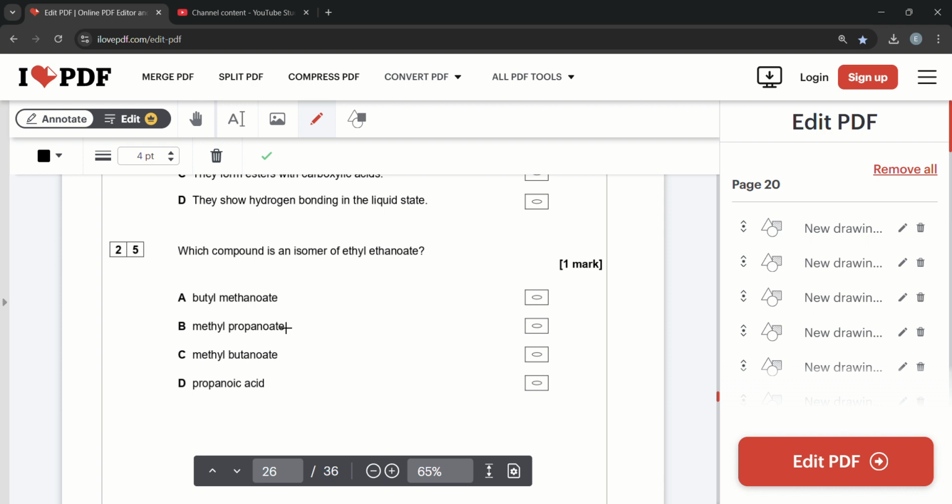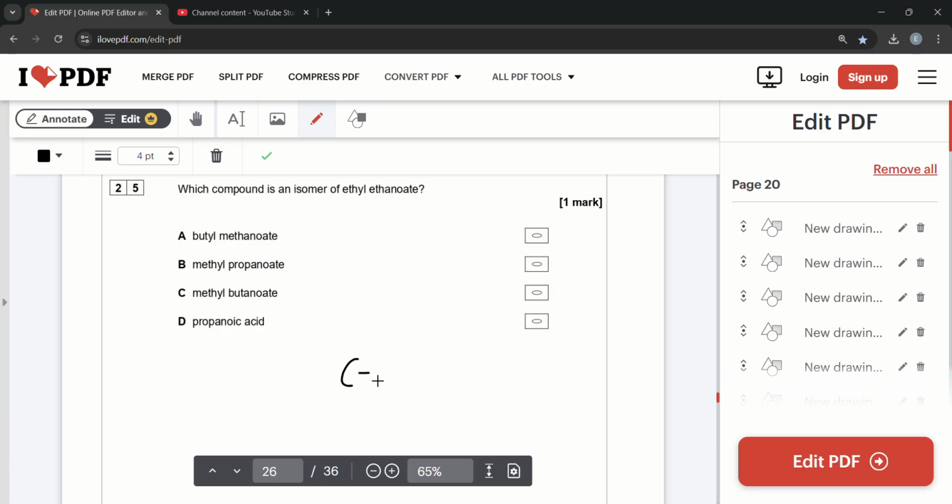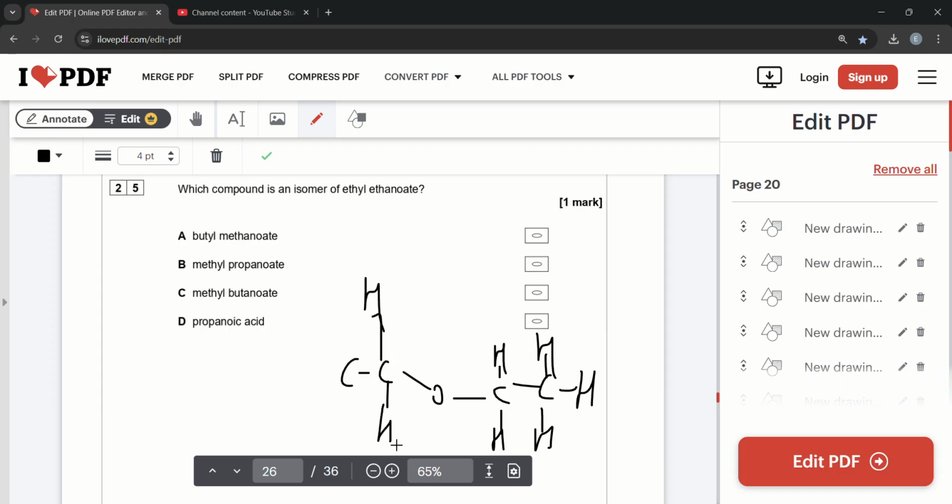Which compound is an isomer of ethyl ethanoate? If you draw it out, you've got your O and your ethyl ethanoate, your ester, right? 1, 2, 3, 4 carbons.